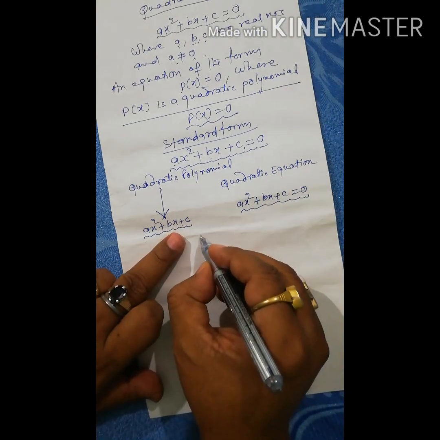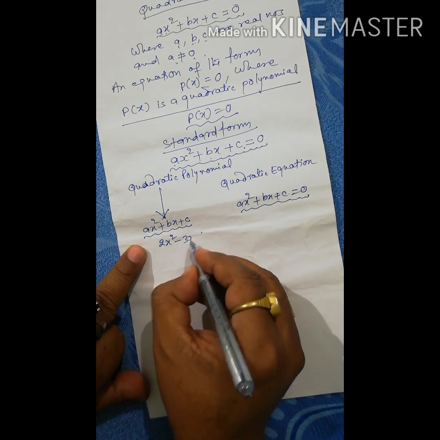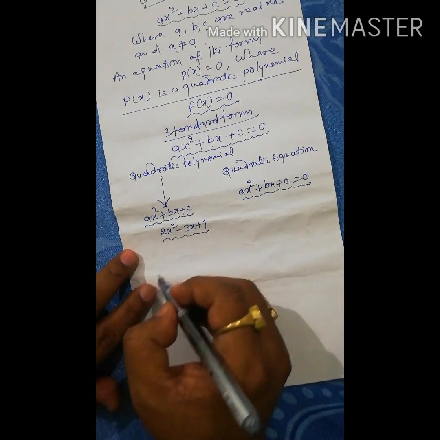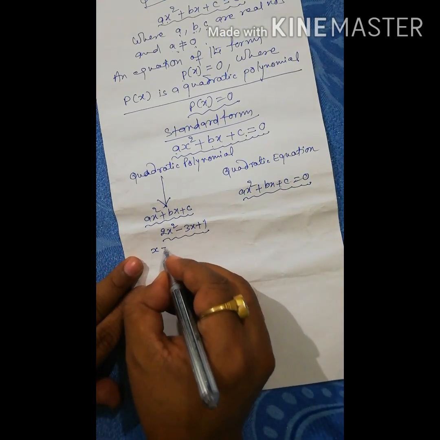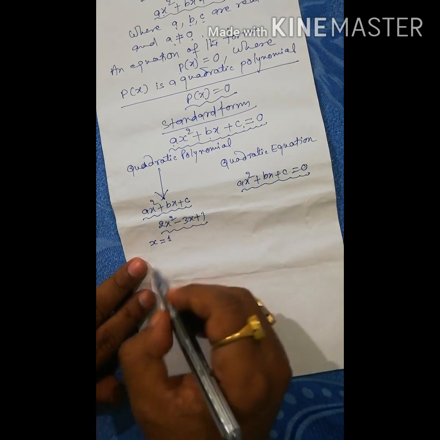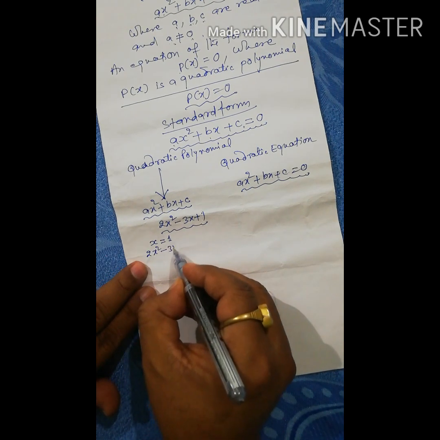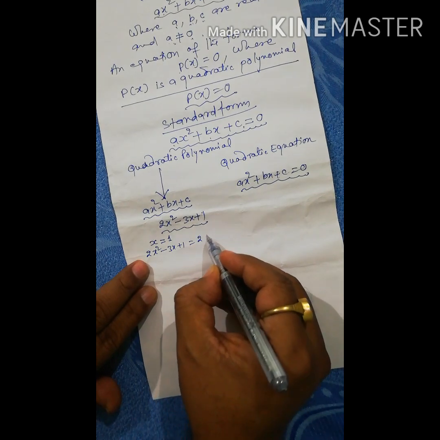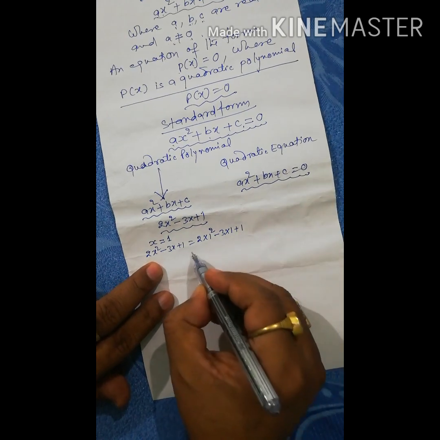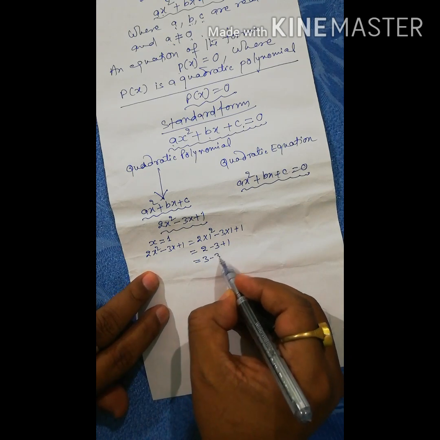Take one example, 2x² − 3x + 1. This is a quadratic polynomial. In this quadratic polynomial, consider the value x = 1. If you put x = 1 here, then we get 2x² − 3x + 1 = 2 × 1² − 3 × 1 + 1 = 2 − 3 + 1 = 3 − 3 = 0.